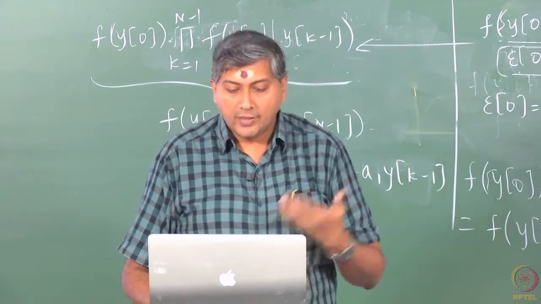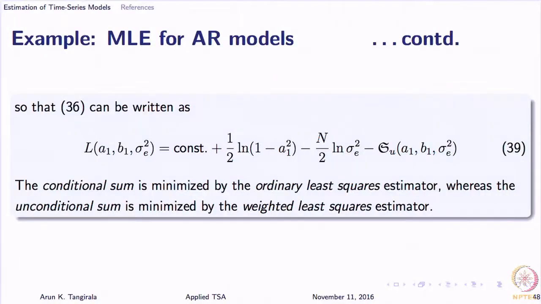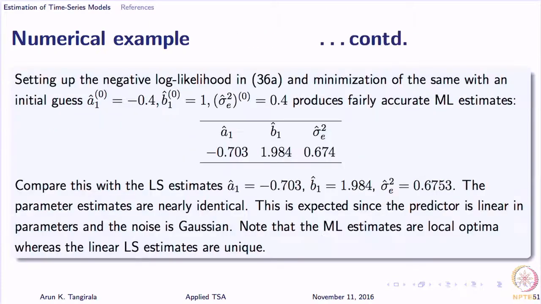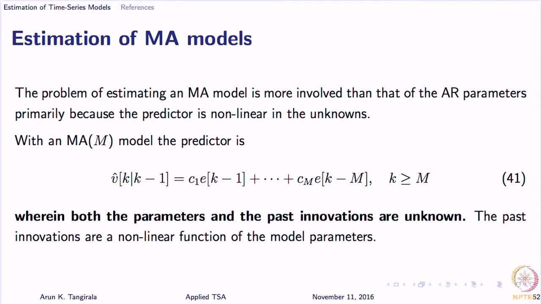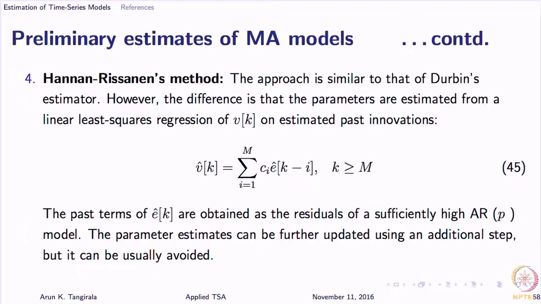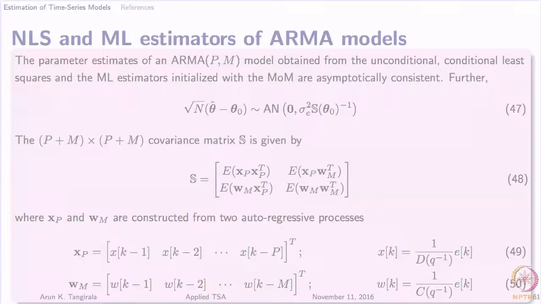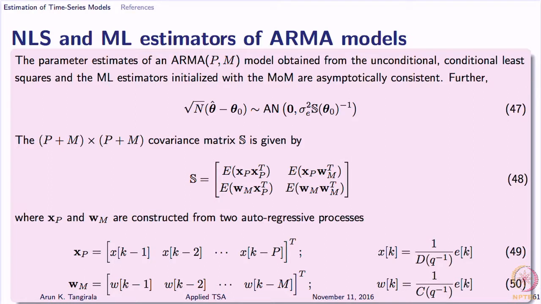If you look at ARMA models, the result says whether you take unconditional least squares, conditional least squares or the full MLE, all of them asymptotically result in a Gaussian distribution and consistent estimators. Although this result is for ARMA, it incorporates AR as well.